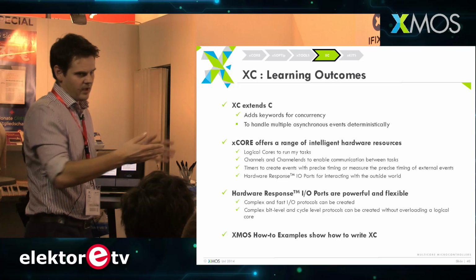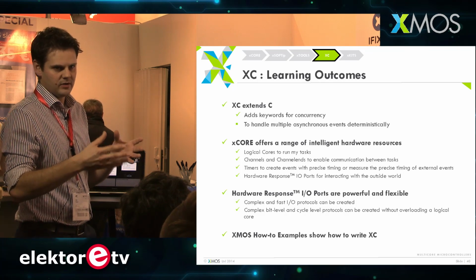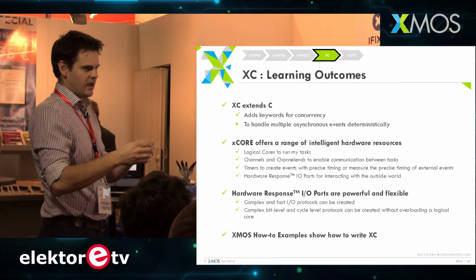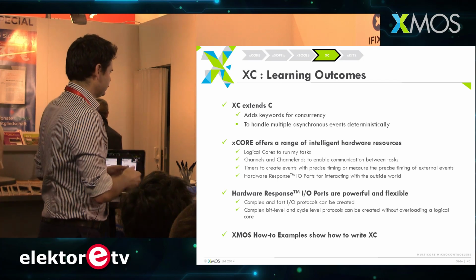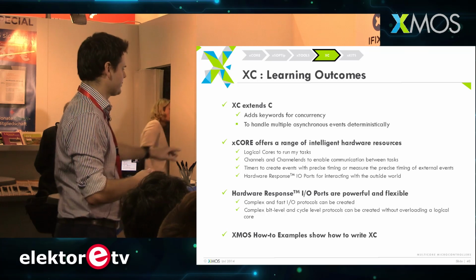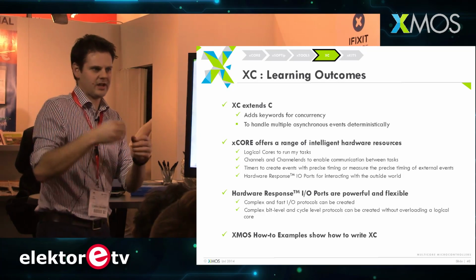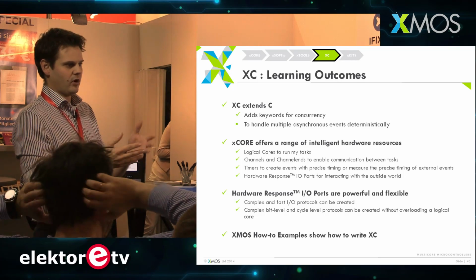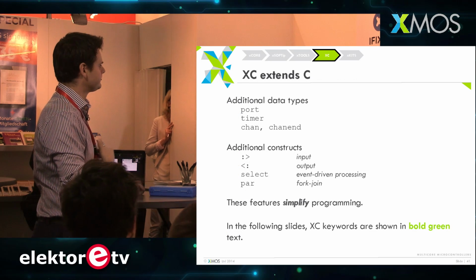So hopefully at the end of this section, you'll know a bit more about what the constructs are that we use to describe the functionality and how to handle asynchronous events, independent asynchronous events. And then there's also, as Thomas was describing, the hardware response port, so offloading some of the functionality from the core into the hardware response. That also requires special constructs to define that, so we'll come on to that now.